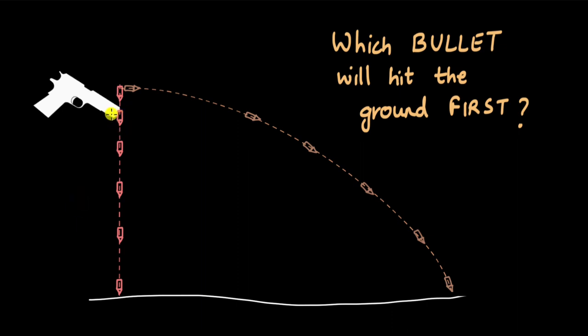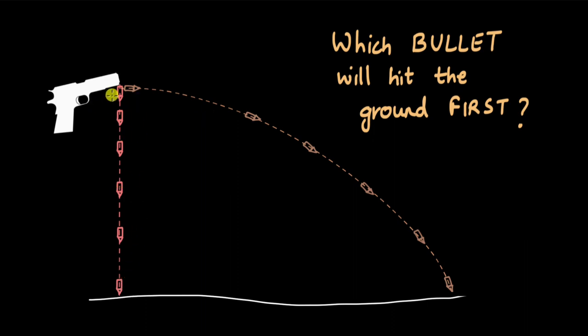Now when a bullet is dropped at this point and when a bullet is fired, which one will hit the ground first? Here you might say the brown bullet will hit the ground first. Okay, what about in this case? It is angled slightly like this, so the brown bullet goes somewhat like this, and the other bullet is just dropped at that very instant.